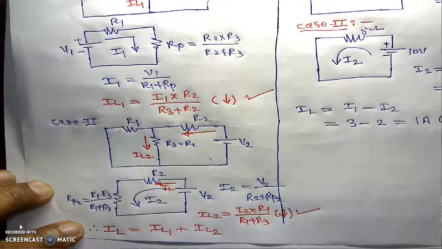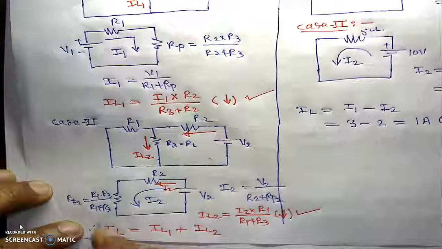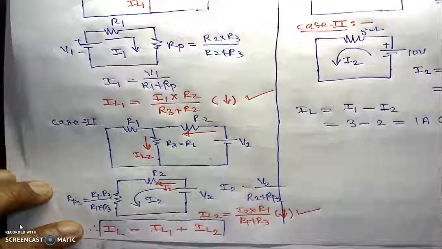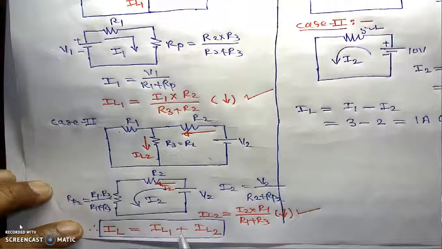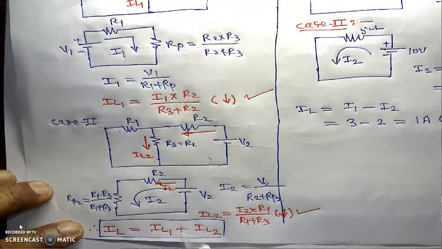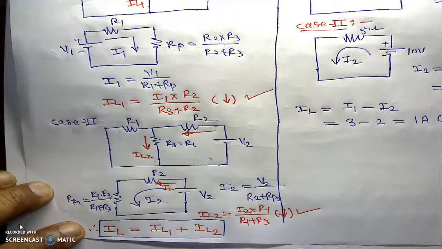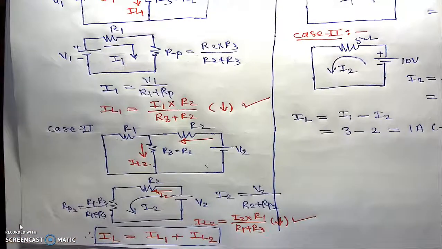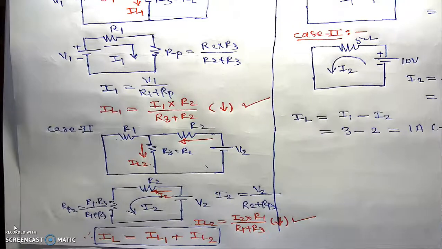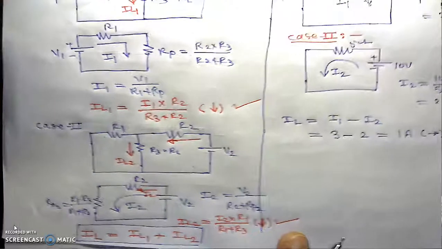This IL1 plus IL2 is the current flowing through the load resistance, which is nothing but the superposition principle. Here the sign is plus because the direction of current in both cases is the same. That's all for this particular concept as far as the superposition principle is concerned.